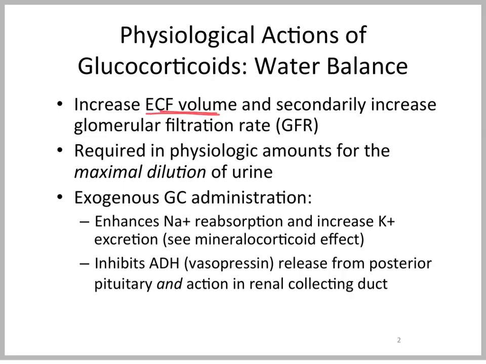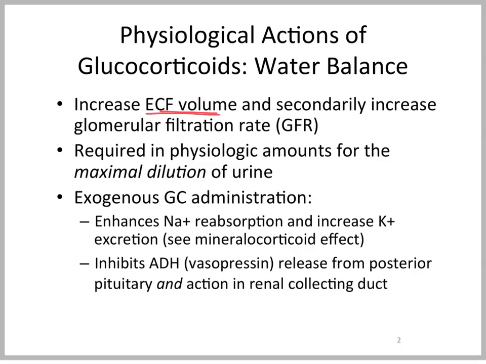Sometimes people forget that optimal amounts of glucocorticoids are important for not only dilution but concentration of the urine. And so maximal dilution of the urine requires glucocorticoids, meaning can you take the urine from what we call a fixed specific gravity to a dilute specific gravity. That is allowing the body to get rid of excess fluid when it needs to.